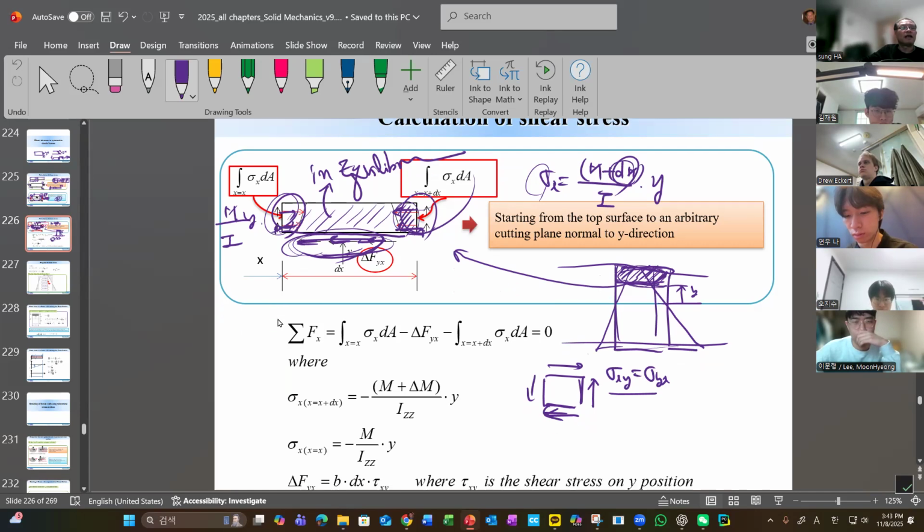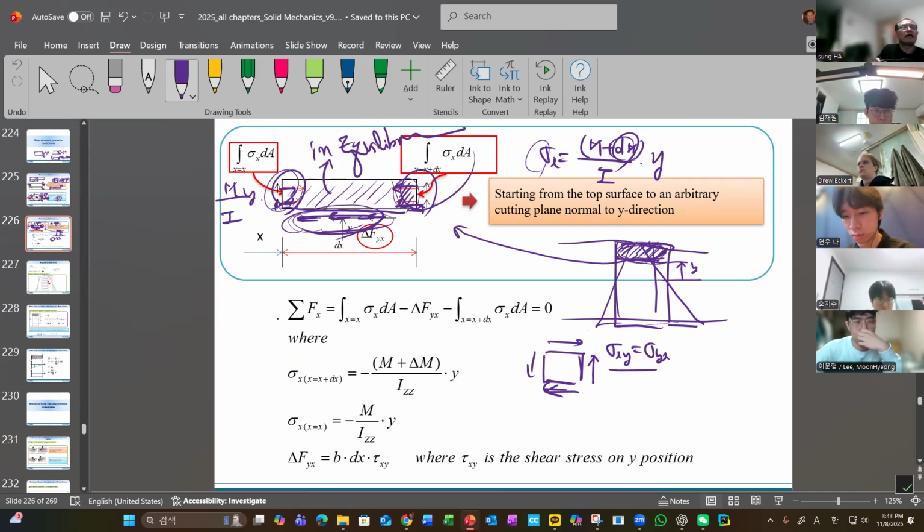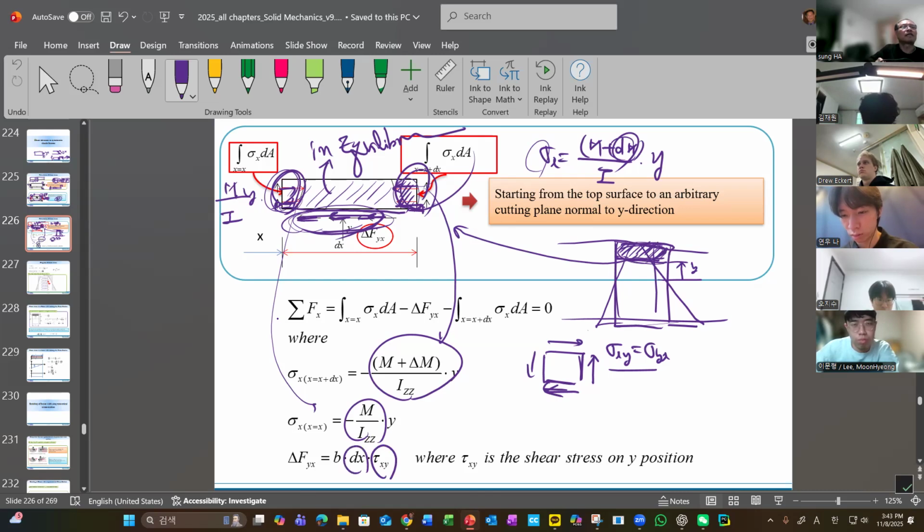So on the right-hand side, we have this much stress. On the left-hand side, we have this much stress. And then at the bottom, we don't know the shear stress, but the shear stress times dx times this, say B, the width of the beam.